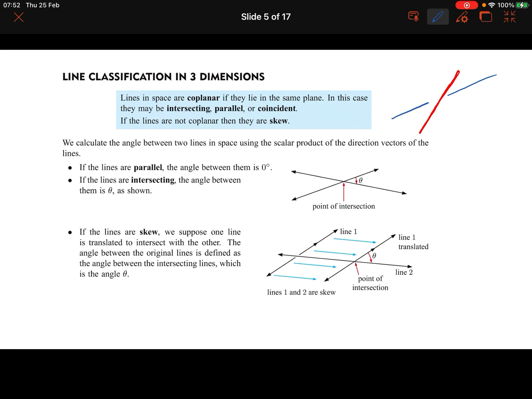I hope you understand what I mean by that. So you can have 2 lines that don't intersect each other at all, and they're not parallel. Okay, and they're not the same line. So we need to be able to find out what's happening with lines. Are they parallel? Are they skew? Or are they intersecting? Okay.